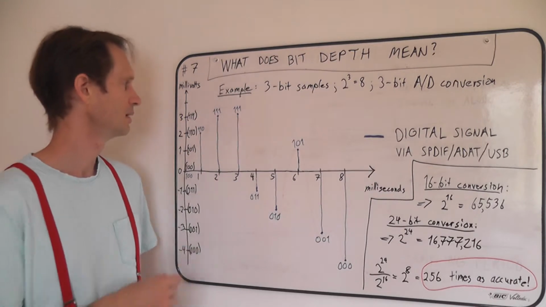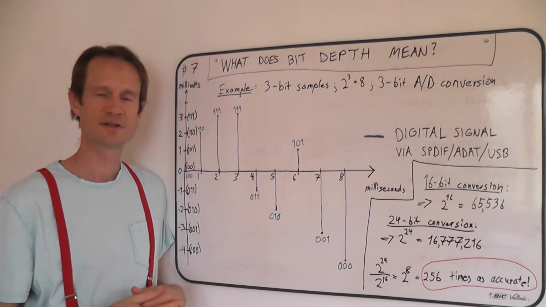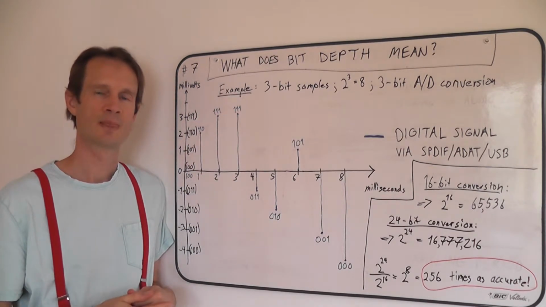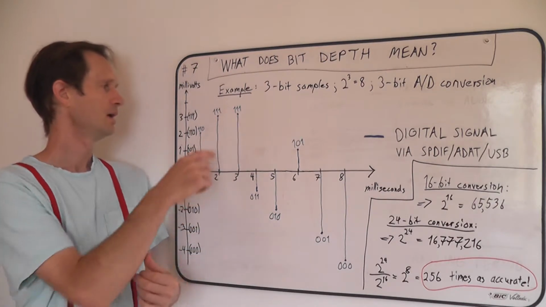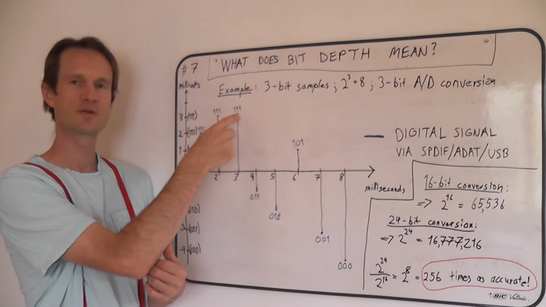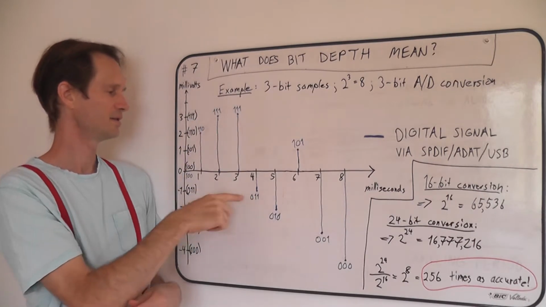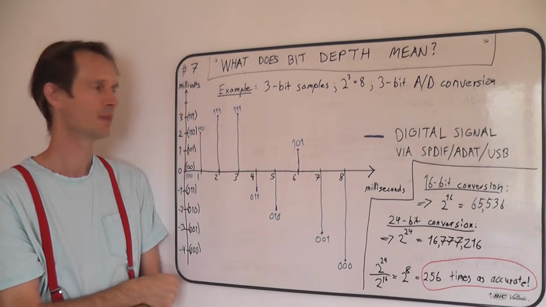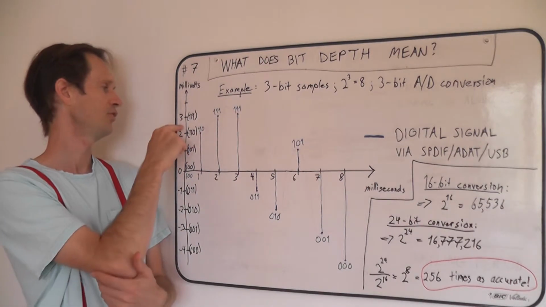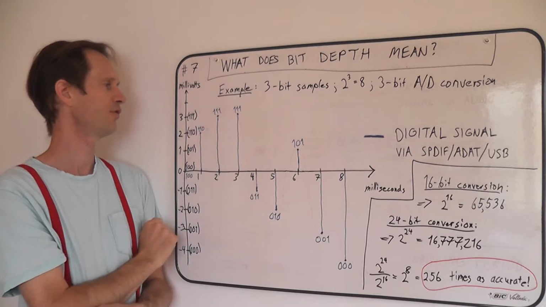Because here, just for the sake of simplicity, I didn't show it, but in future videos I'm going to develop this more. Here I had a signal, just for the sake of simplicity, that was exactly an even number of millivolts. But what happens with this system if my signal is at 2.5 millivolts?